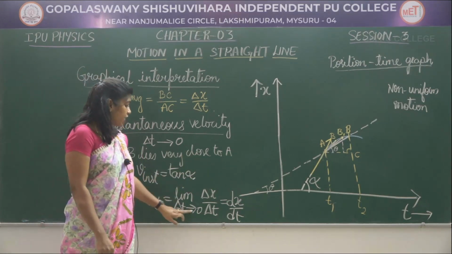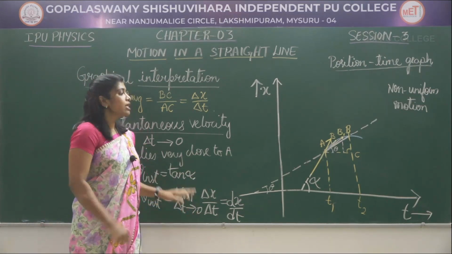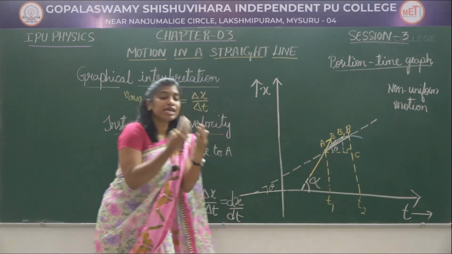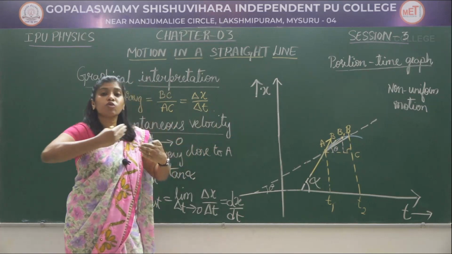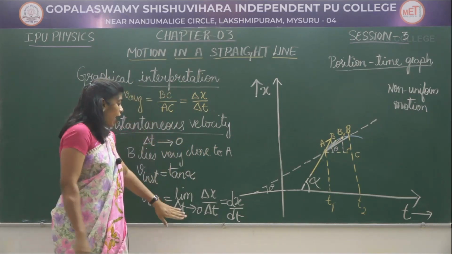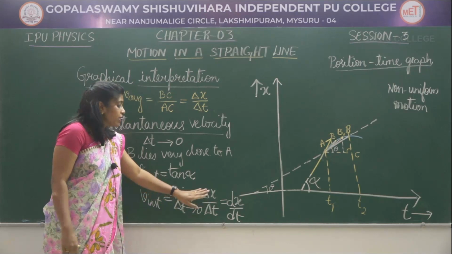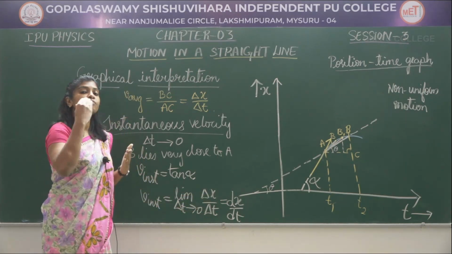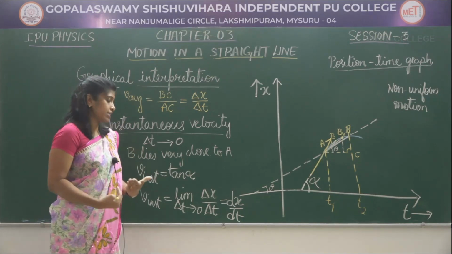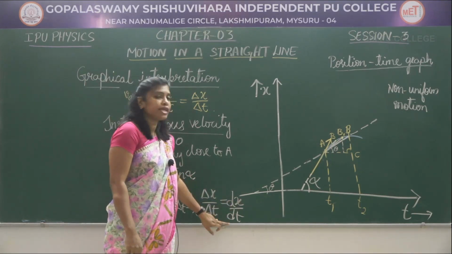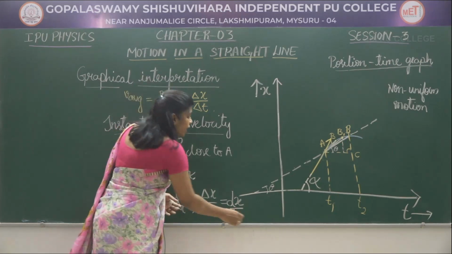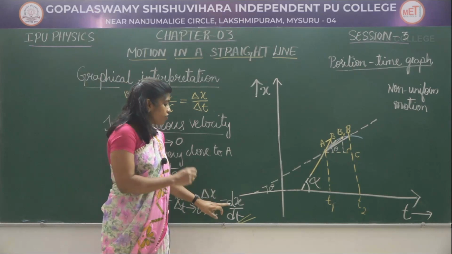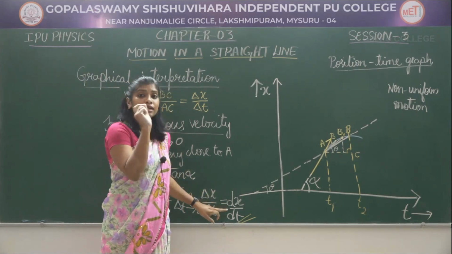What does this limit delta t tending to 0 mean? Delta t is approaching the value of 0. That means point B is coming very near to A. As delta t tends to 0, this delta x by delta t, the change in the y-axis by the change in the x-axis, becomes equal to dx by dt. This is the way you define a derivative. So here you can see we have replaced delta by d.